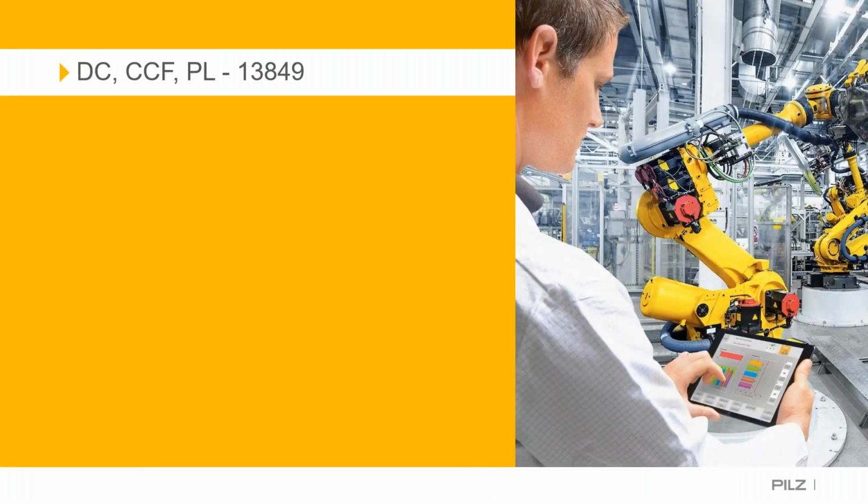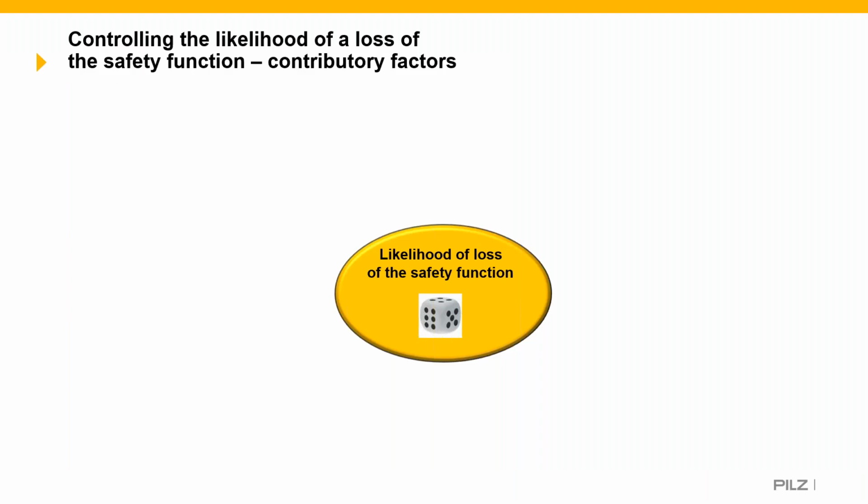So now we're going to look at diagnostics coverage, common cause failure, and performance level. How can we control the likelihood of a loss of the safety function? Well, the likelihood of a loss of the safety function is made up of many contributory factors. It's a bit like rolling a dice to see which might fail.